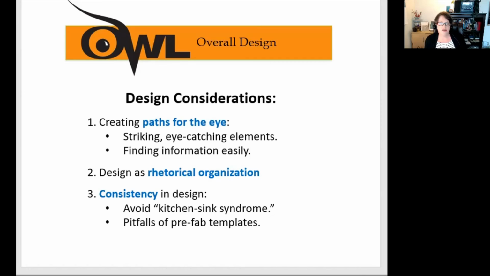So the first is to create paths for the eye. And this really comes from art appreciation. So for example, if you're creating a poster for a club call out, or you're doing it for this project with the sea of posters on campus, you need to think about an eye-catching design, either with a striking image or a small amount of text in large font.